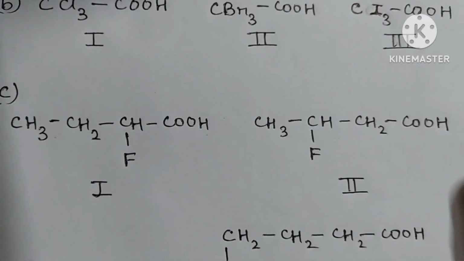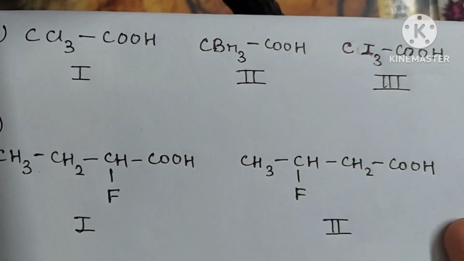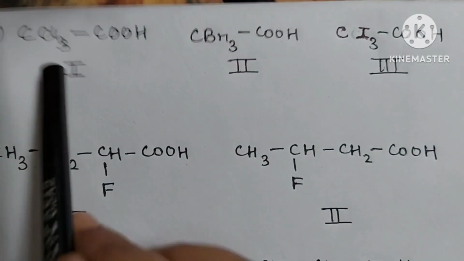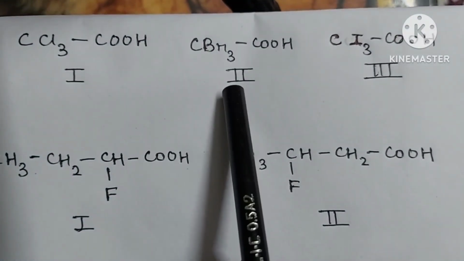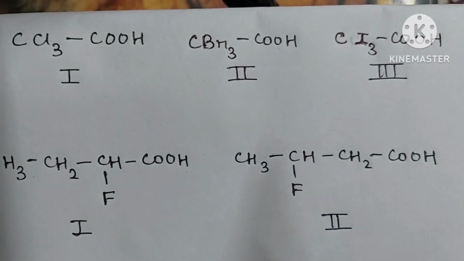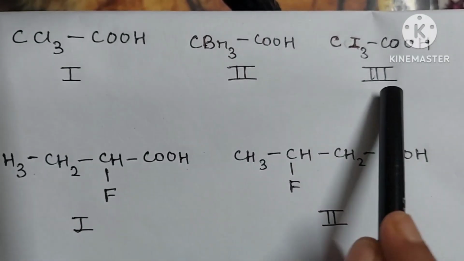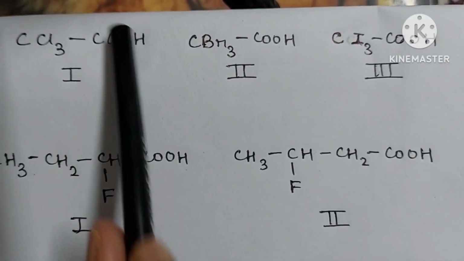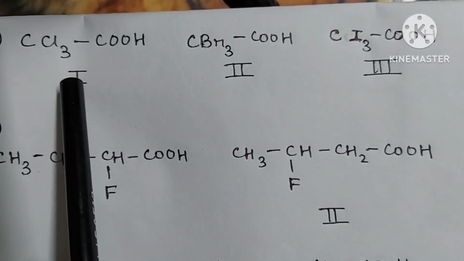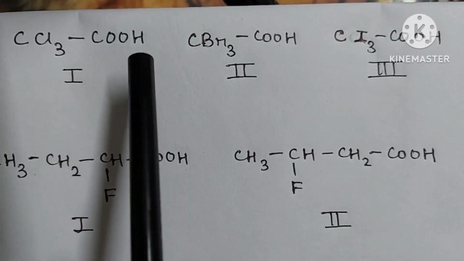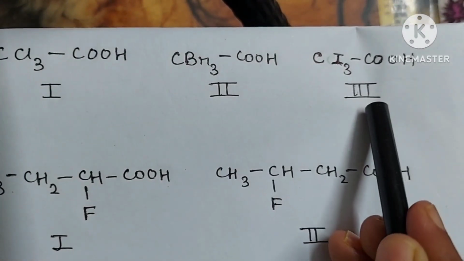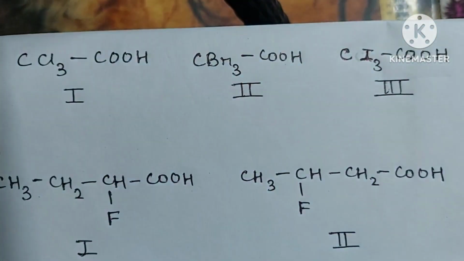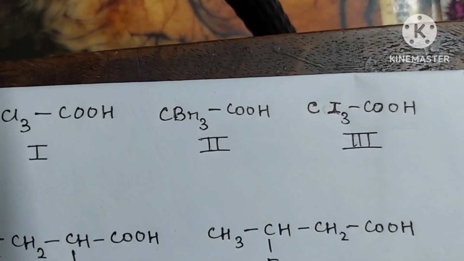So among these three compounds, which one has the greater minus I effect? Chlorine. So first this compound, then this compound, and then this compound. The greatest acidic strength among the three will be for this structure. Okay, so the order will be 1, 2, 3.